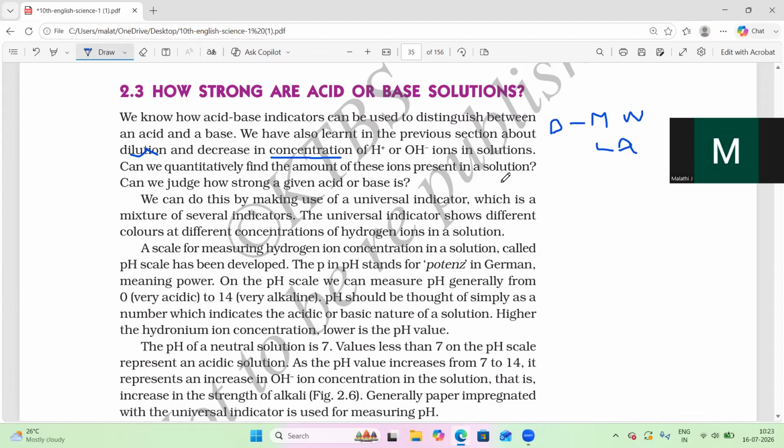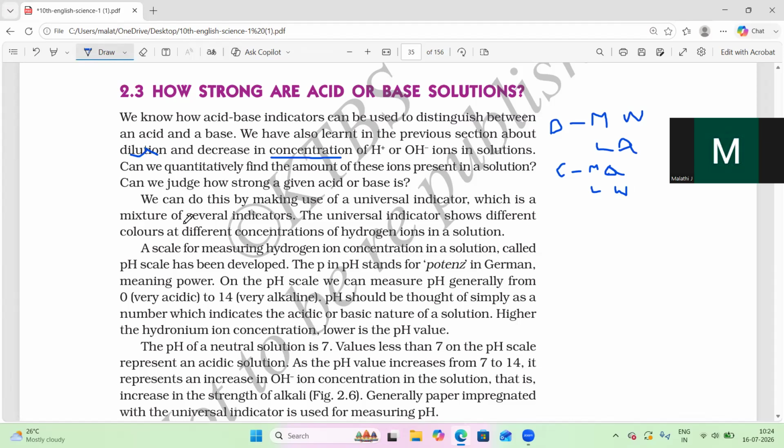Concentrated solution means it is the reverse. We have to take more amount of acid and less amount of water. That is a concentrated solution.